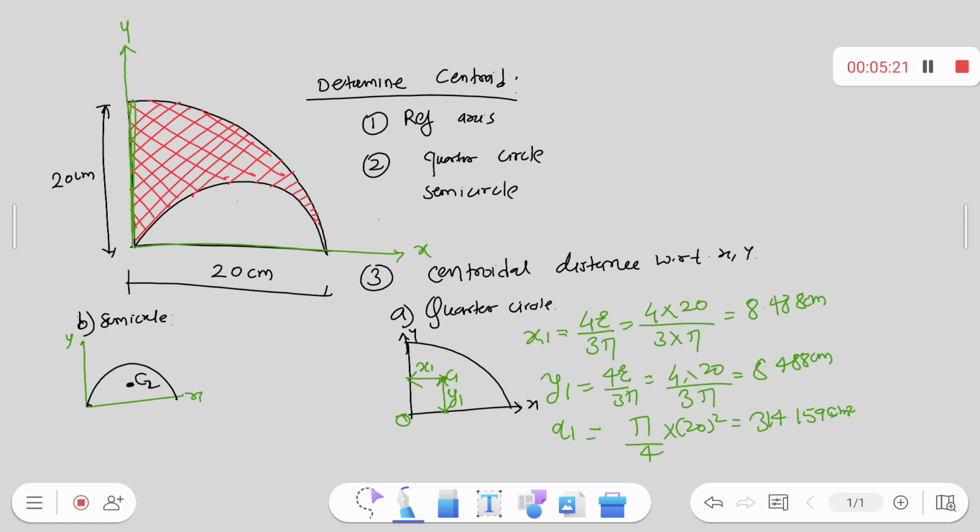The distance from C2 parallel to x is x2, and the distance from the origin to C2 parallel to y is y2. So x2 equals r, and I know r is 10 centimeter.